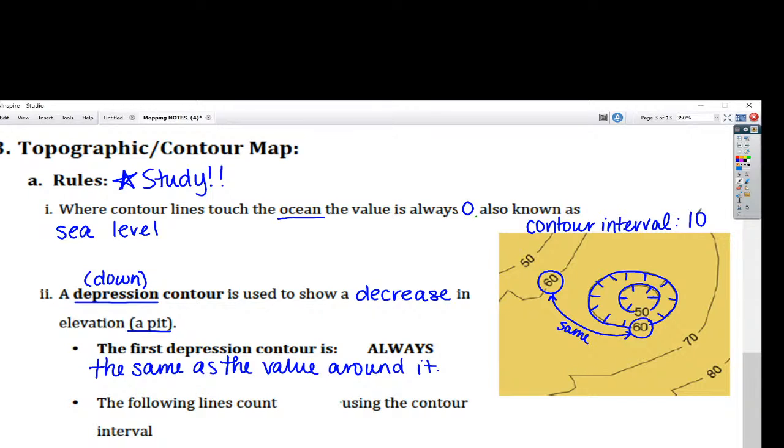So I'm on the 60, am I stepping down to a lower contour interval, or am I stepping up? What do you think, Michael? Down, yeah, so this is 50, this is less than this is. So that's how you know this is a depression, this is a hole. So the following lines count down using the contour interval.